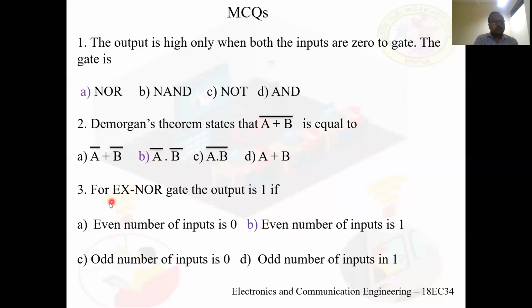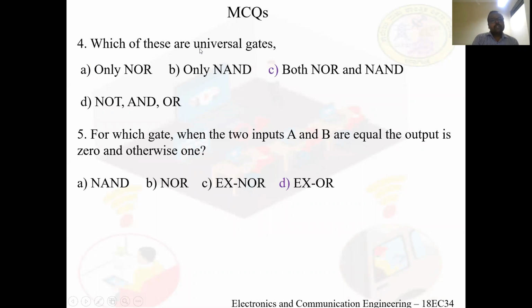Right? The third question: for XNOR gate, the output is 1 if, as I said here, XNOR is nothing but an even function. When I say even function, an even number of inputs is equal to 1. So the correct answer for this third question is B. Which of these are universal gates?